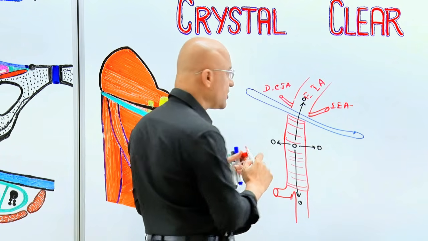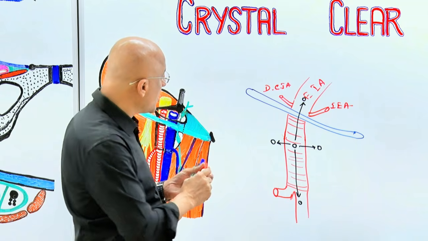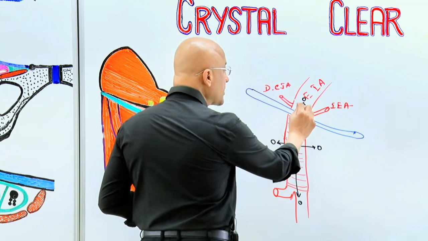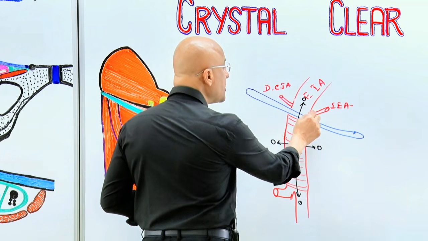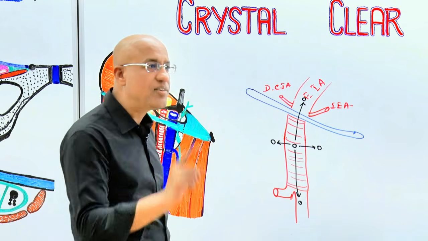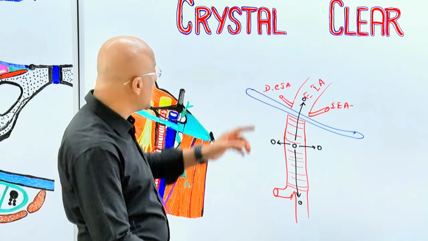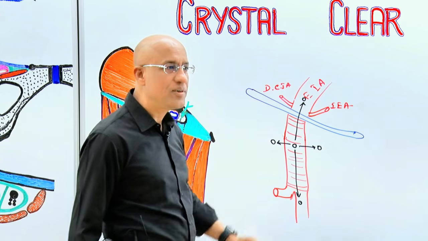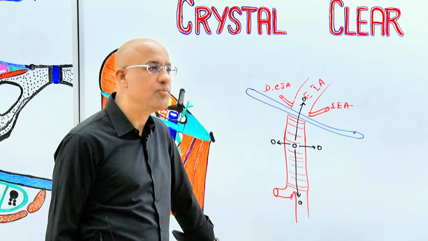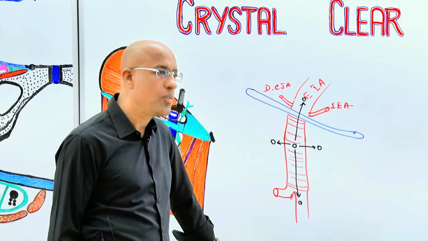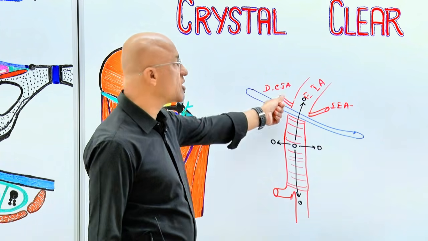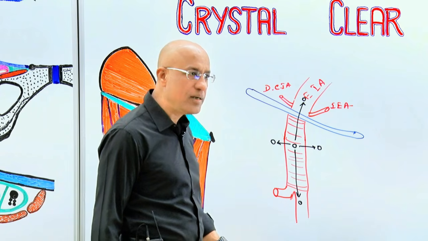These side branches, sometimes if you are making the puncture too high, you might damage or lacerate these vessels. And laceration of these vessels can also lead to hemorrhage, and again there is nothing to press against, right?